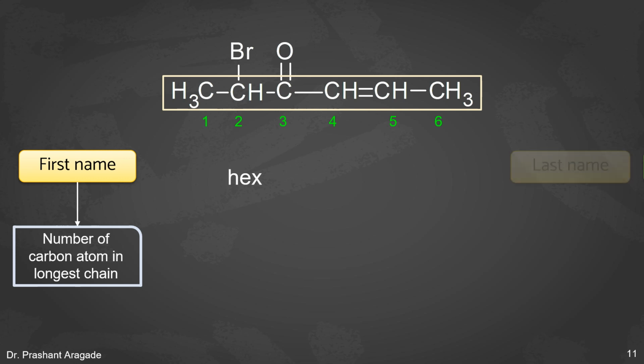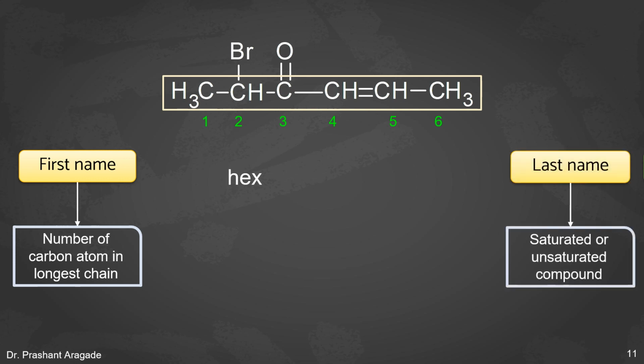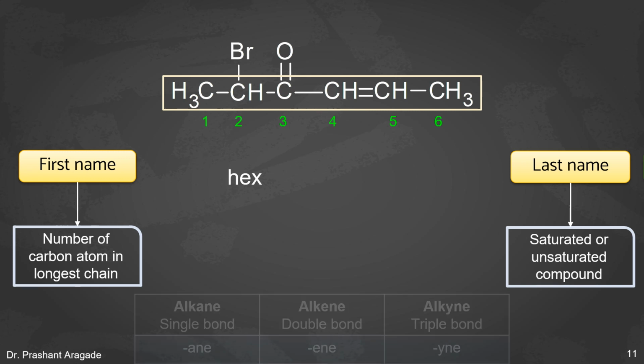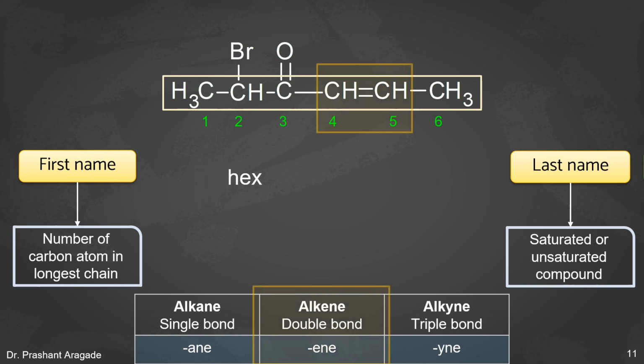Then add the last name. Last name is derived from whether the longest chain is saturated or unsaturated. If you observe this longest chain, it is containing carbon-carbon double bond, that is alkene. So you have to use ENE as a last name and always mention the position of carbon atom on which the carbon-carbon double bond is started.